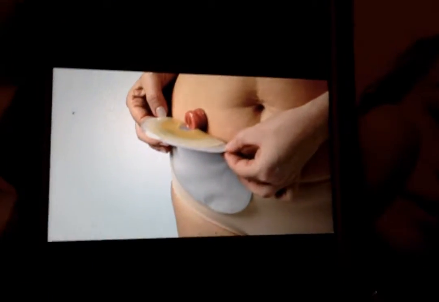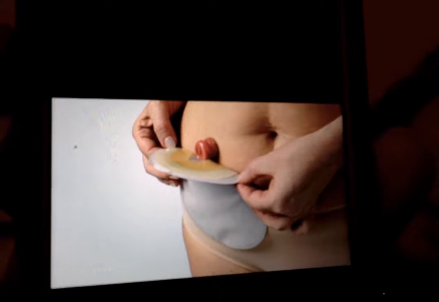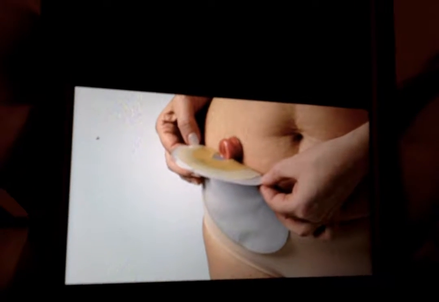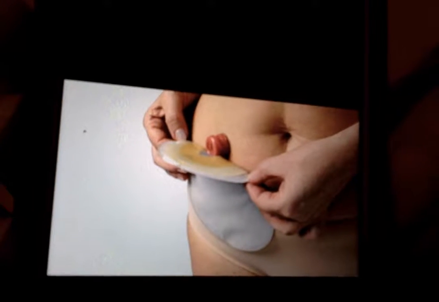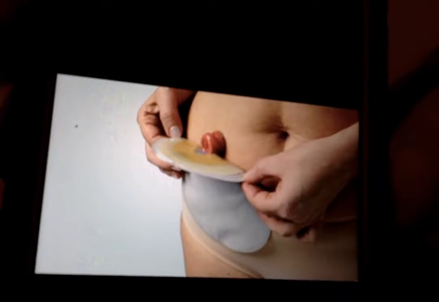And I also have a picture of what the bag looks like for you guys. So there you can see the stoma, and there's a little hole that's cut out into the bag that fits properly over the size of the stoma. And that's where all of the waste can drain.